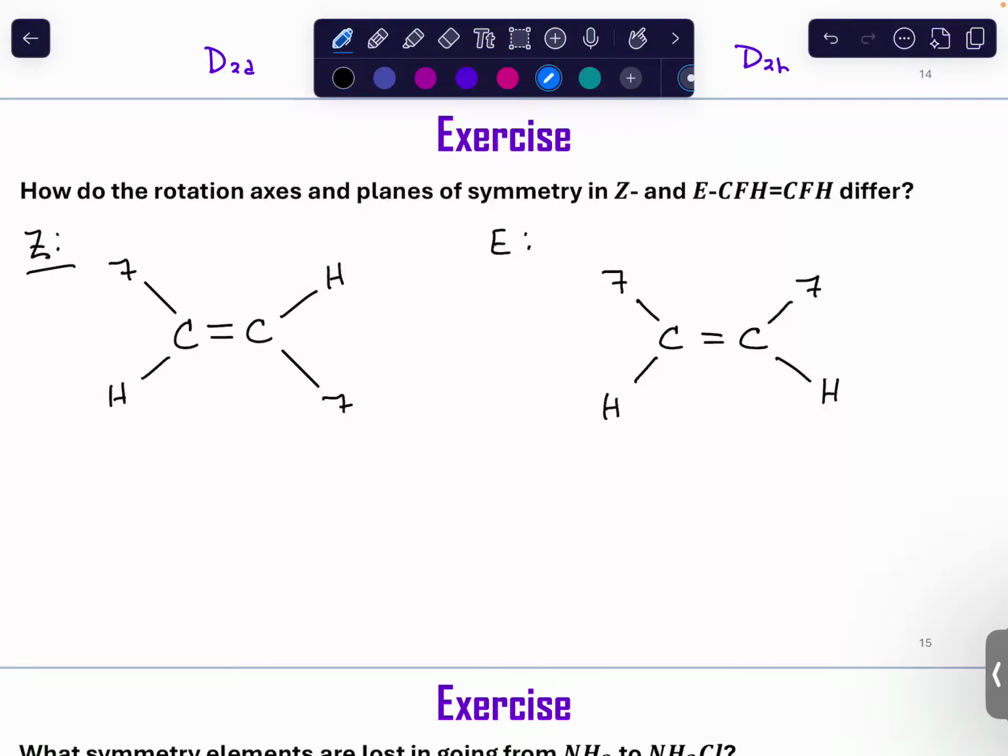If I'm looking at it top down, I can do C2. Well, there is a C2 axis in the E configuration. Where is it?